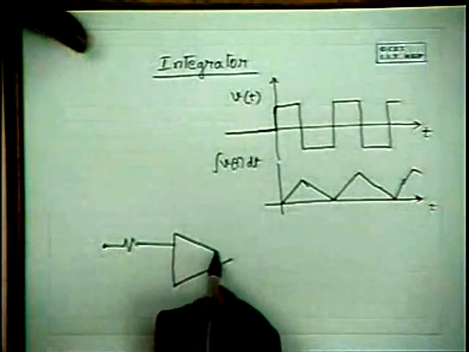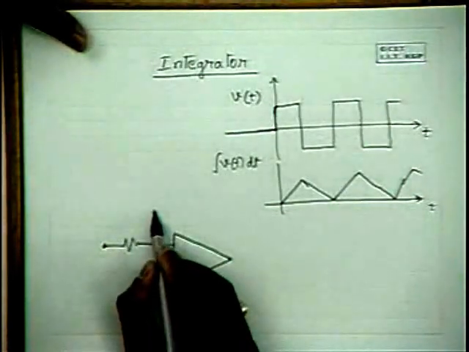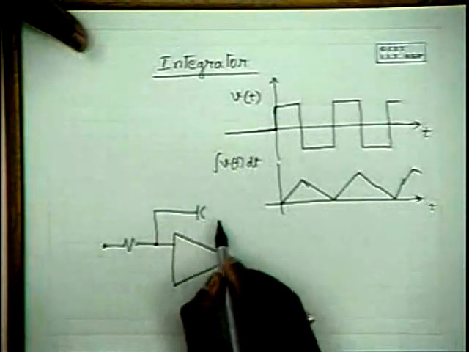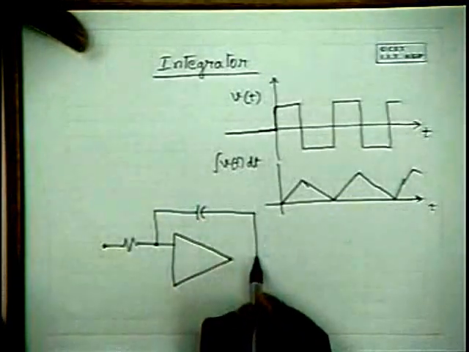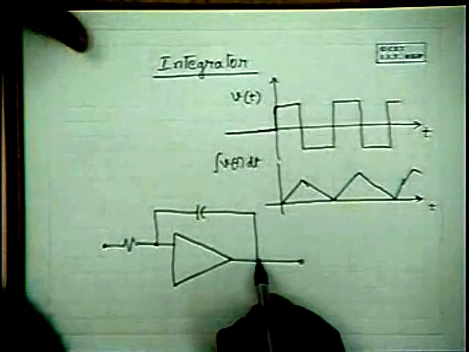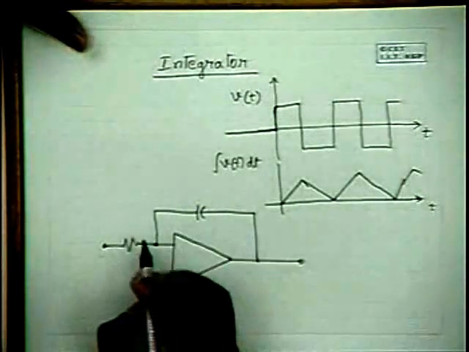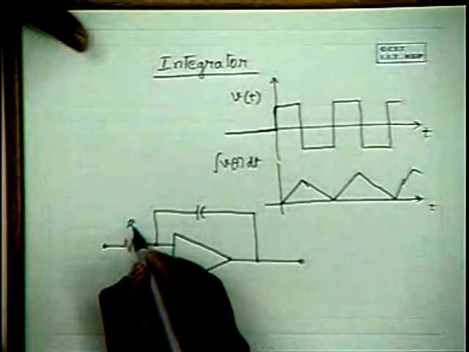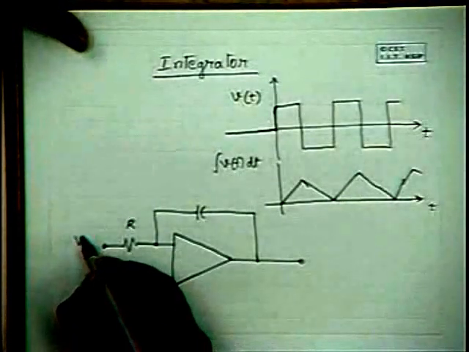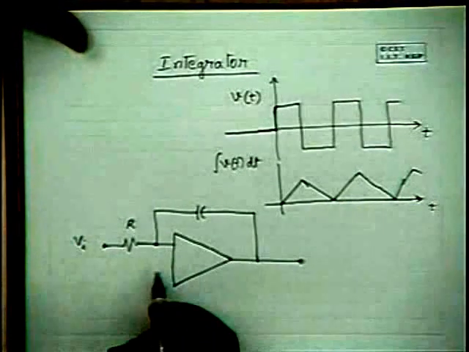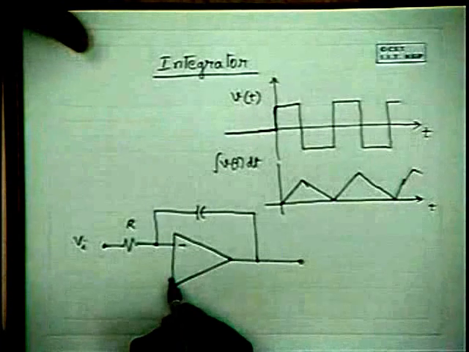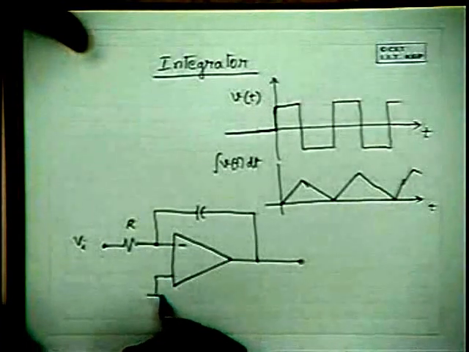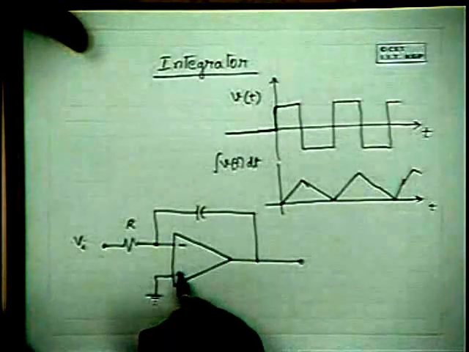using an op amp is as shown here. Use a feedback capacitor to provide feedback from the output to the input terminal, and have a resistance at the input terminal and apply it to the inverting terminal, and ground the non-inverting terminal.